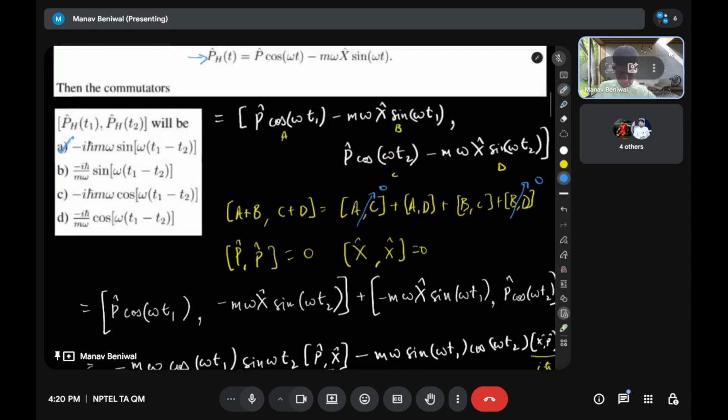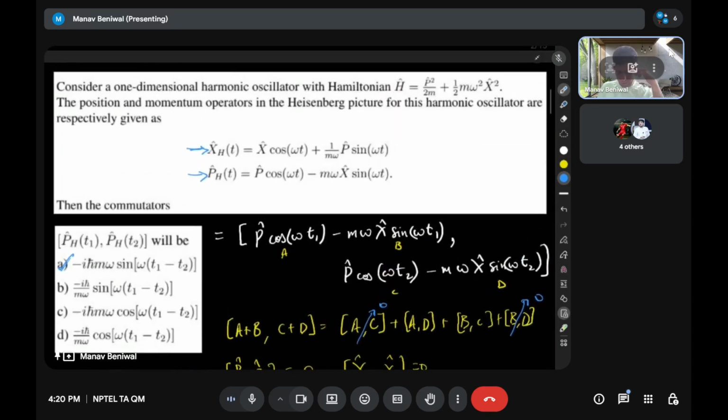Okay, so if you notice, there is one interesting thing. What we are doing essentially is finding the commutator of momentum at time t1 and at time t2.